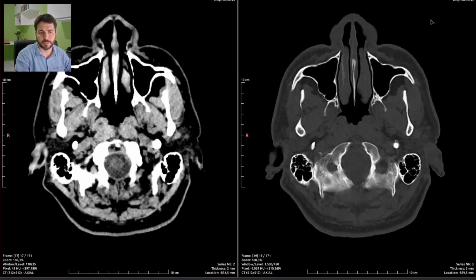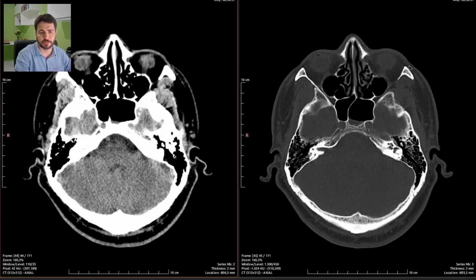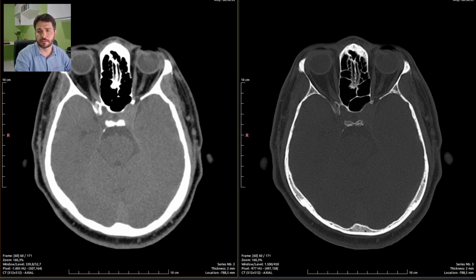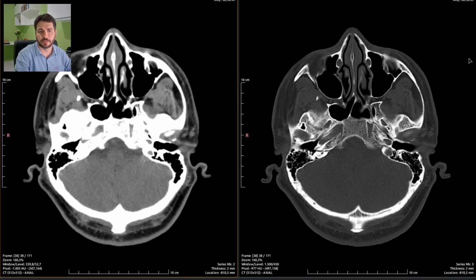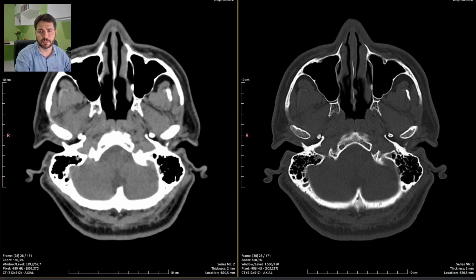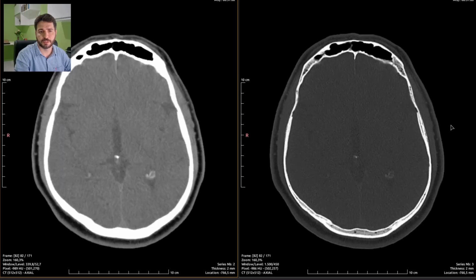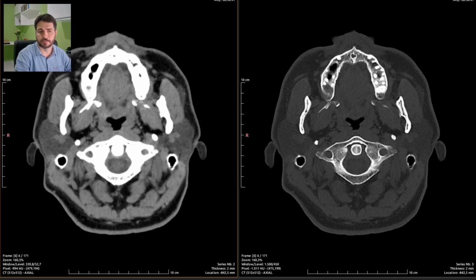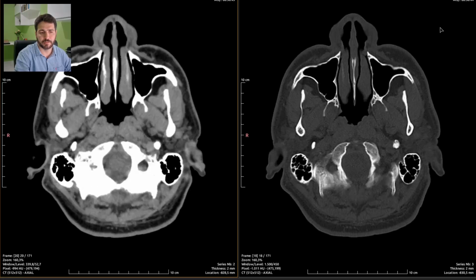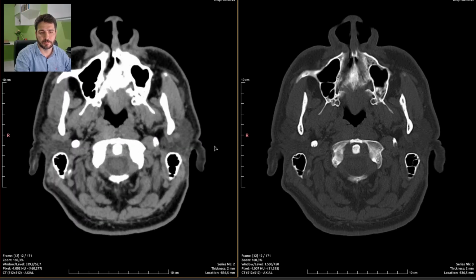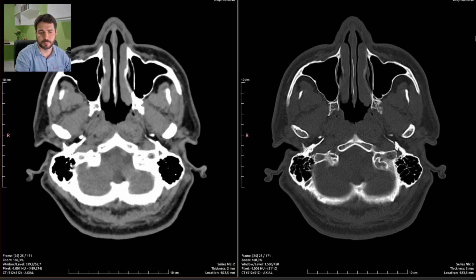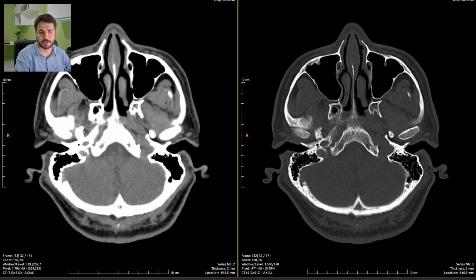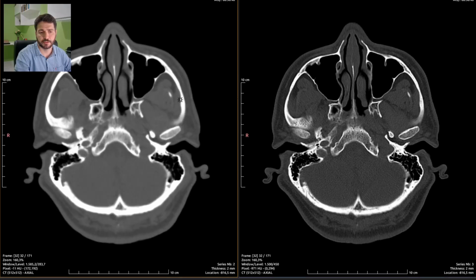So the parenchyma is fine, no calcifications. Let's see the eyes. Orbits are fine, masticatory spaces, buccal spaces, and the upper portion of the neck, salivary glands, perivertebral space, cervical cranial transition, also the ears.